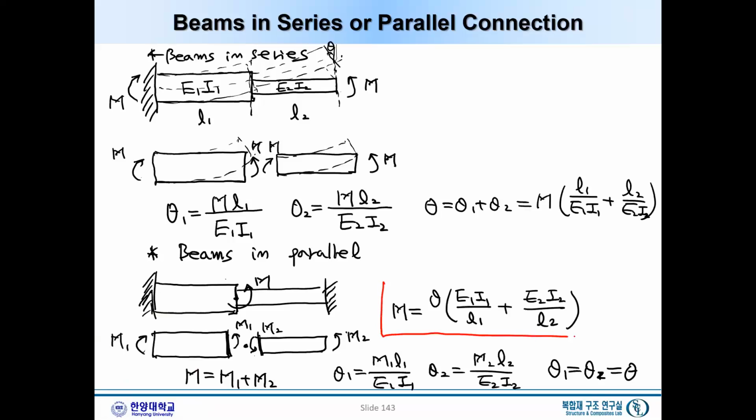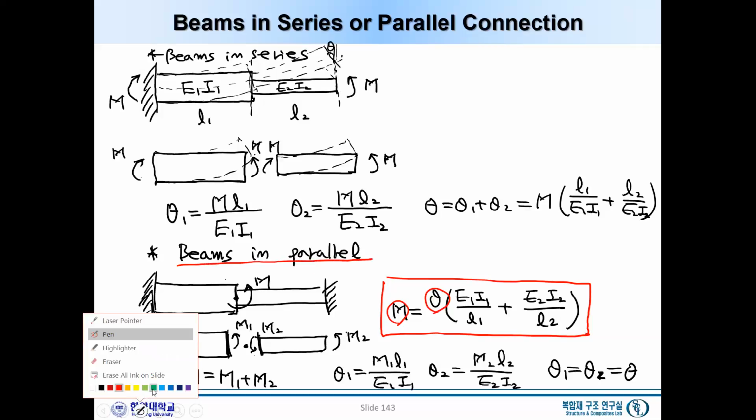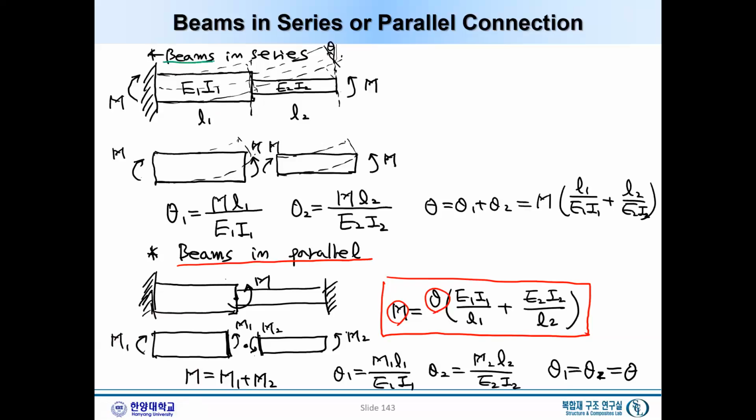This is the relation between moment and theta for beams in parallel. And now for beams in series, these are the equations. This is the moment we apply, and this is the angular rotation theta we get.